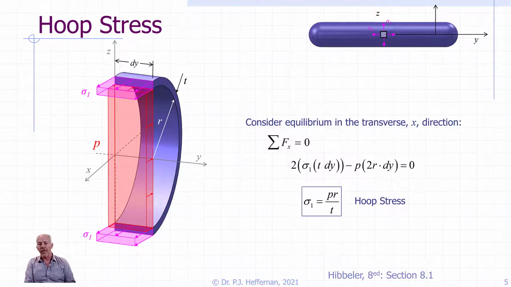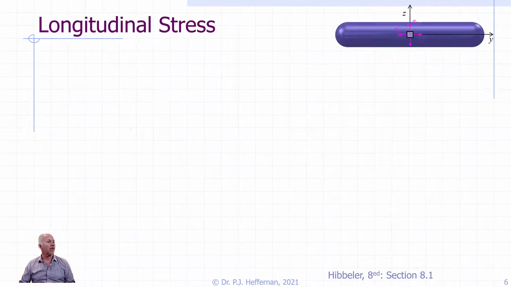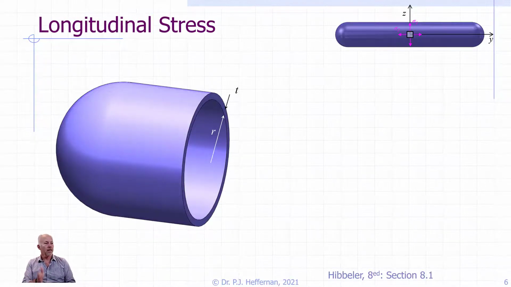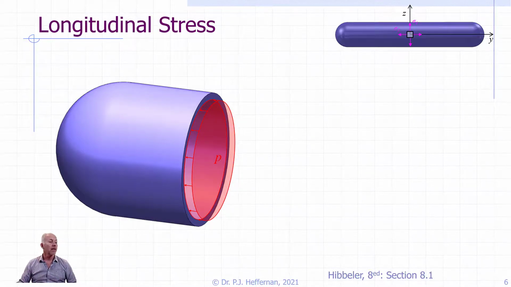So the only other stress we have left to fully define our cylinder is the longitudinal stress. And so we're going to do that now. And to get our longitudinal stress, very similar to the hemisphere, I'm going to take a chop across the cross-section of our cylinder, and we see it shown here on the slide, and we're going to see that this works out exactly the way it did when we did the hemisphere for the spherical pressure vessel.